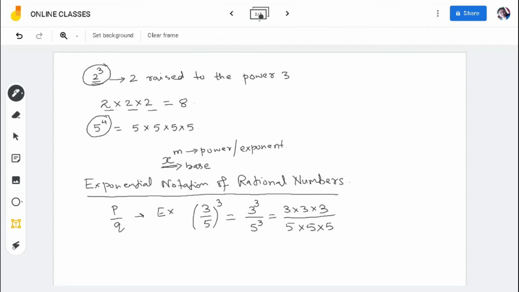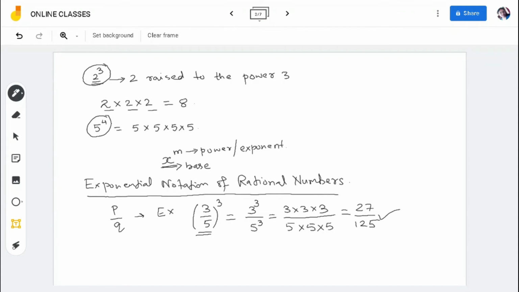So ultimately, when we are simplifying 3 by 5 whole to the power 3, we get 27 upon 125. So on simplification, we have got this answer. Okay, so this was the exponential notation of rational numbers.